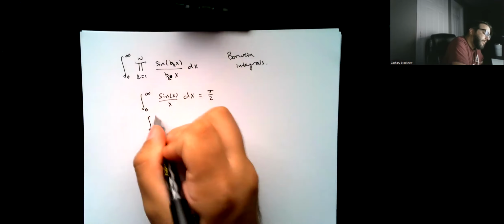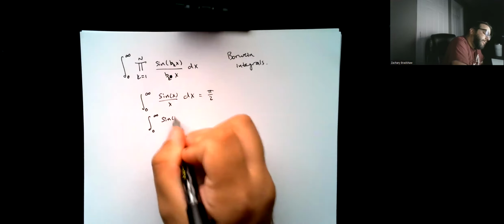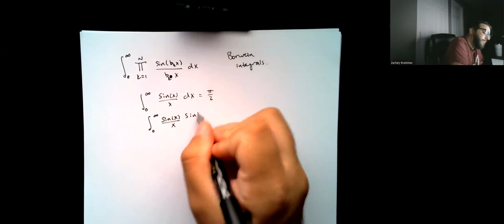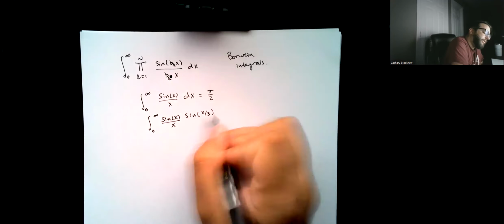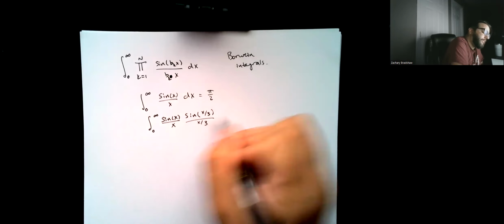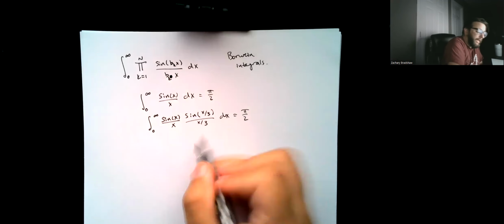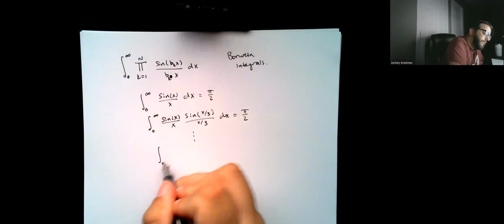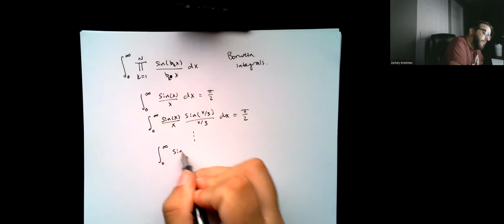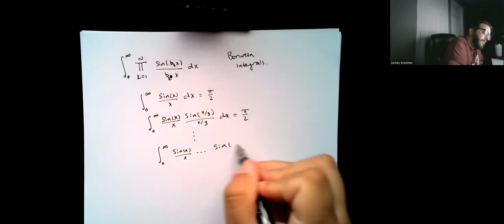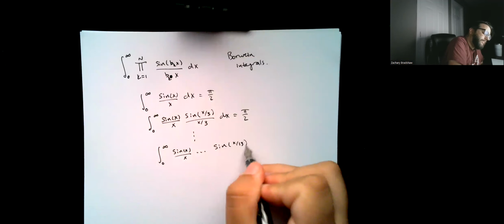Okay, not so weird. But what happens when we integrate the sinc function times another sinc function, but where the argument is now x over 3? Well, again, pi over 2. We can keep doing this all the way up to the sine of x over 13.